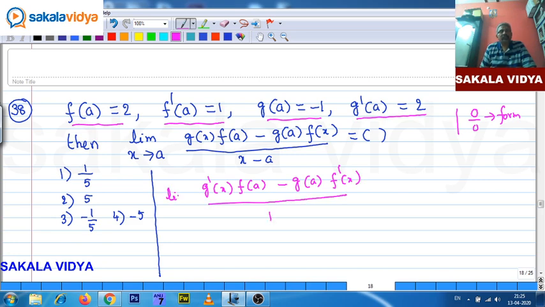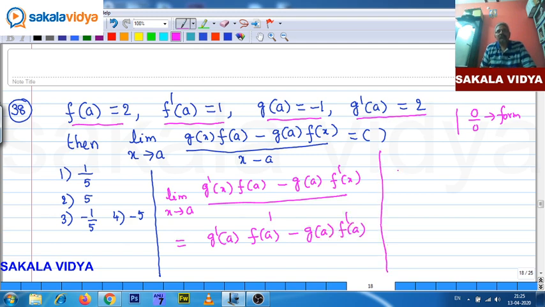Now limit x approaches a, this equals g dash a into f of a minus g of a into f dash a.